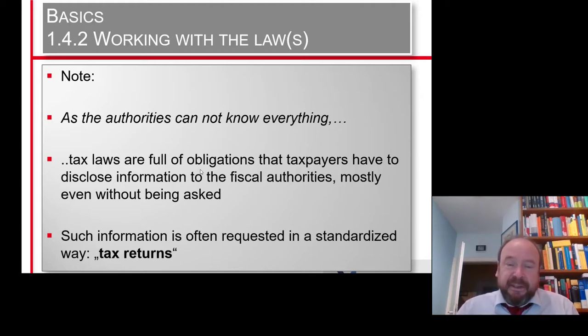So if they send you a form which you have to fill out with prepared questions, then you will have to answer the questions honestly, send them back, and they work on it. Such forms are usually called tax returns. It's a printed form which you have to fill out.